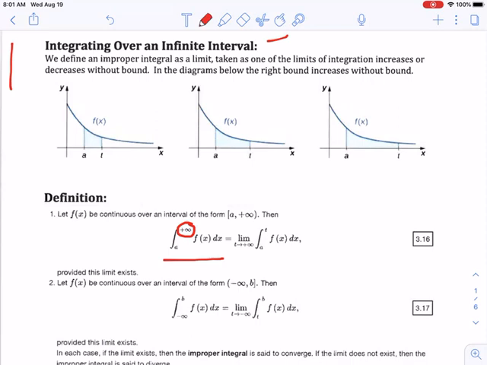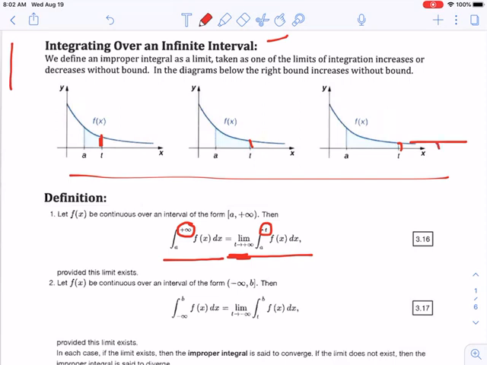And so that's what this is all about, determining whether an integral converges or diverges, and we do that by finding the limit. So we replace the upper bound of infinity with t, and we take the limit as t approaches infinity. That's what they're trying to show you up here. So we have t moving closer and closer to infinity. t right here is fairly close to a, and now t is getting further from a, and it's going to get further and further from a.